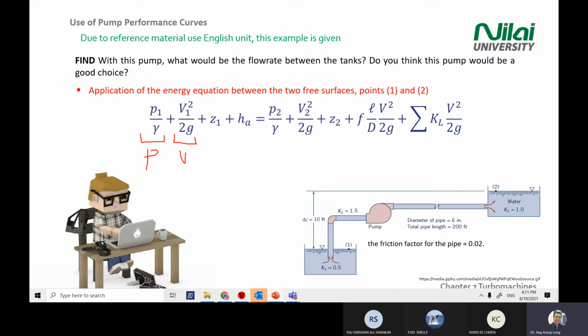This one is the kinetic energy. If the fluid is moving, then you have kinetic energy, so you have a V effect. This is the potential energy due to the height, due to the Z elevation. This is the actual head. Not head loss, it's the actual head.